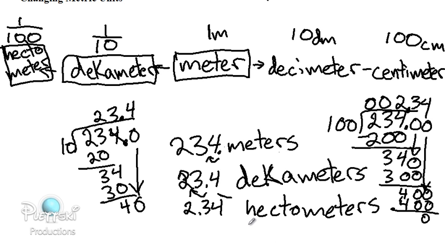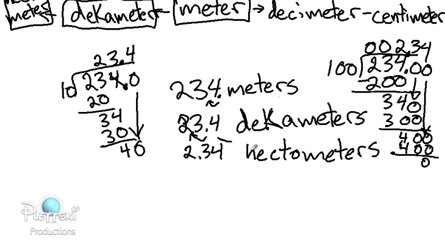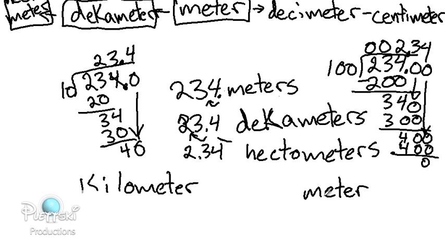Now, what if you were really ambitious and you wanted to figure out how many kilometers is 234 meters? Well, a kilometer is 1,000 times longer than a meter. So a meter is pretty short compared to a kilometer.